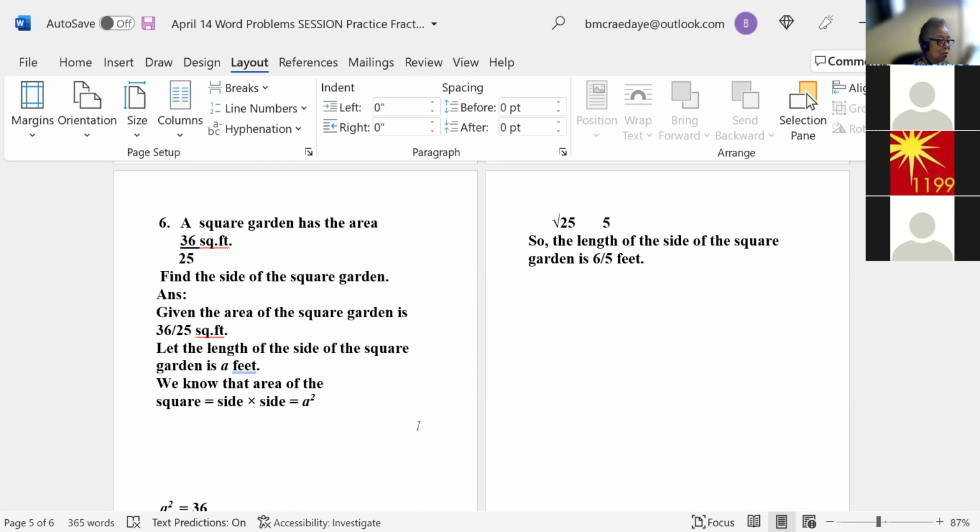They didn't give you the length of the sides, but they gave you the area of the garden. So you want to find the length of the side, what each side of the garden is equal to.